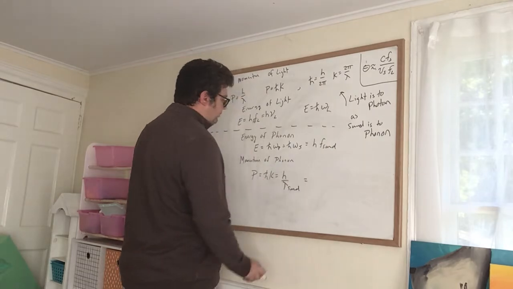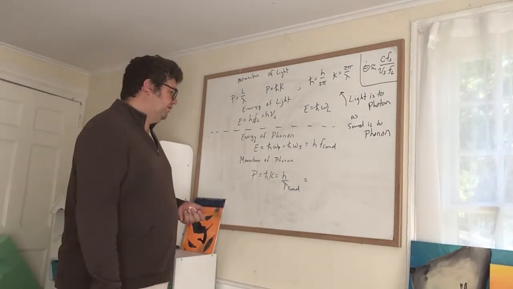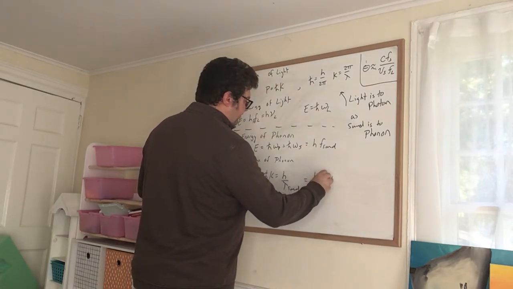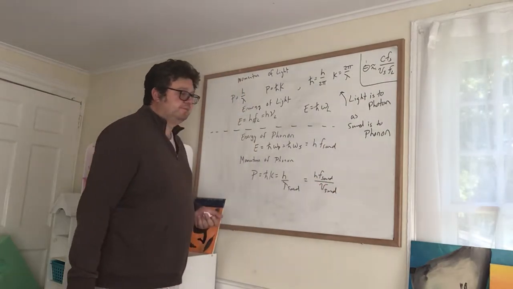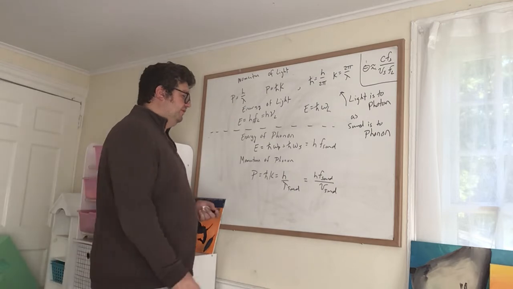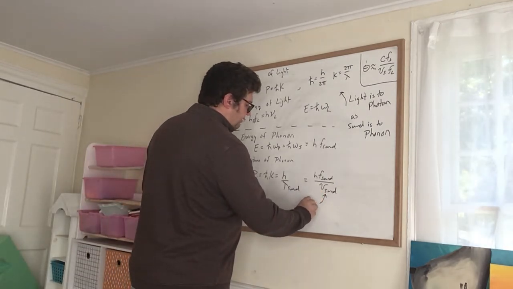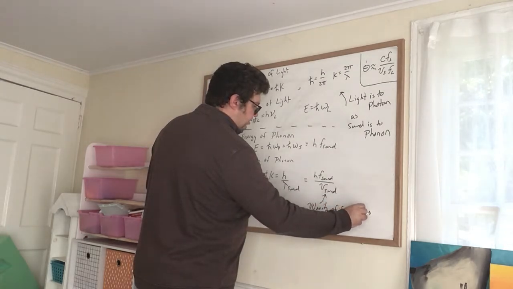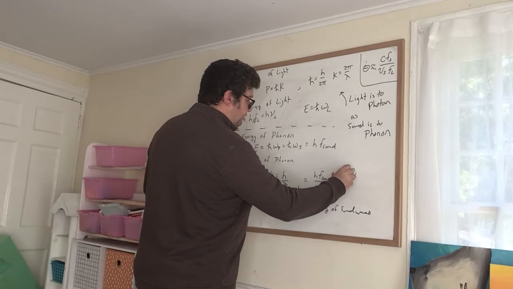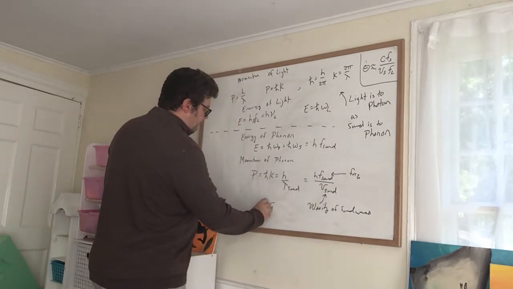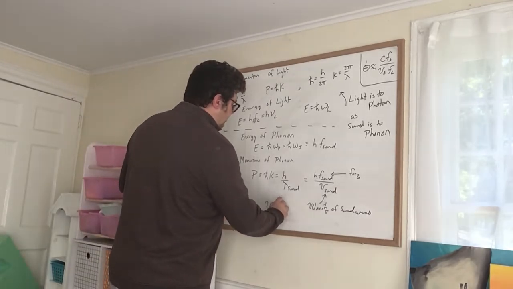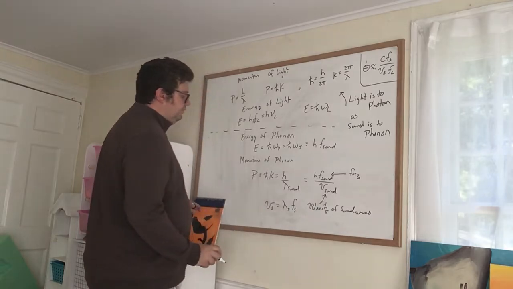So when I write down what the momentum is for the sound particle, it's going to be h, the frequency of the sound, divided by the velocity of the sound. This is the velocity of the sound waves, and this is the frequency, because we know that the velocity of the sound is equal to lambda sound times frequency sound.